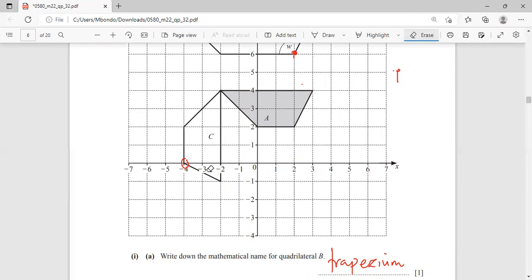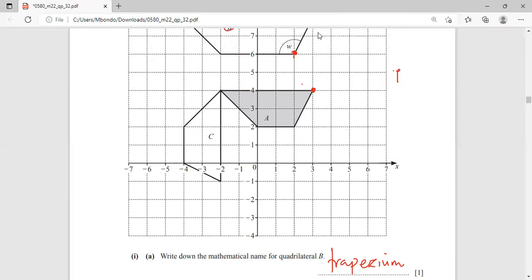What about the angle? A very good example is this point here from the object, which will come here on the image. So the angle formed here is 90 degrees.